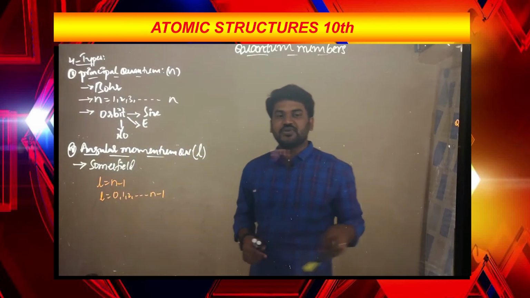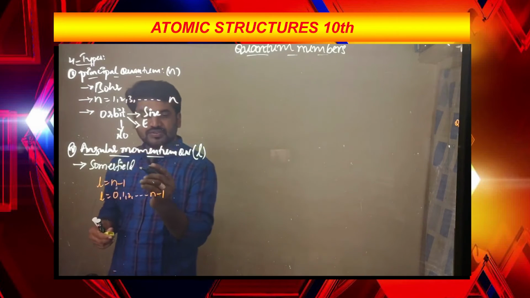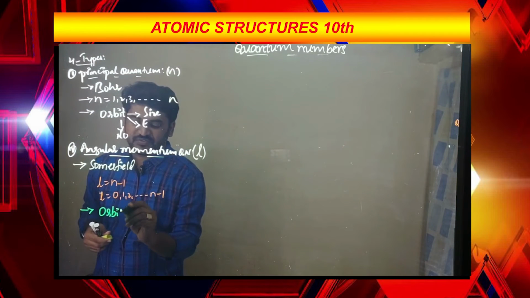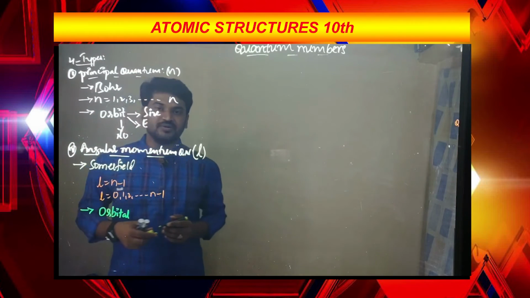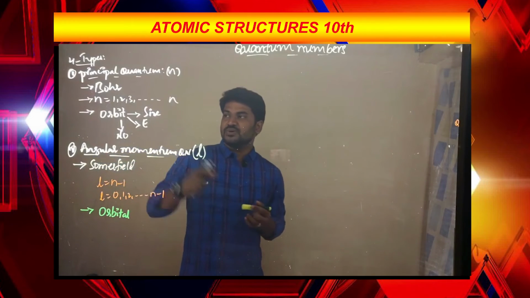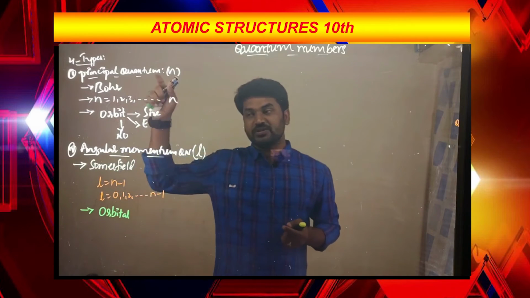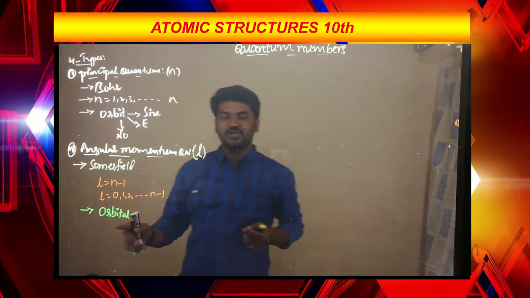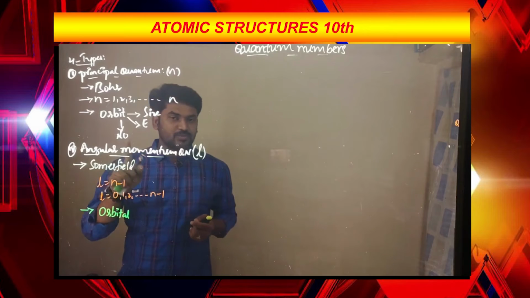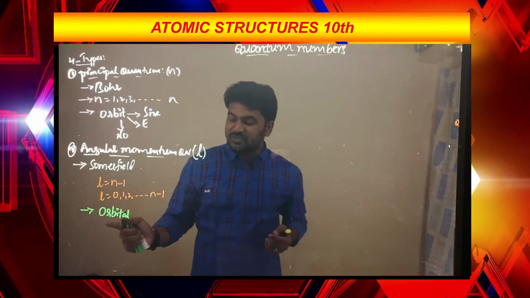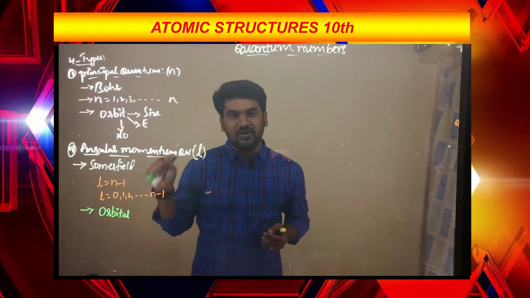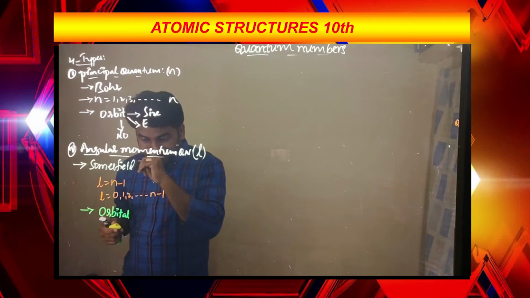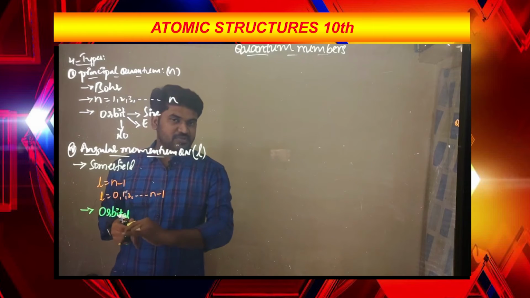It gives the information about the orbital. The principal quantum number gives the information about the orbit, and the angular momentum quantum number gives the information about the orbital. Remember carefully, orbital.